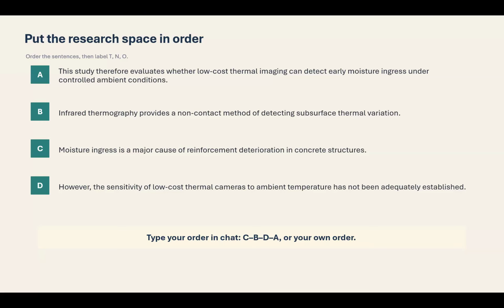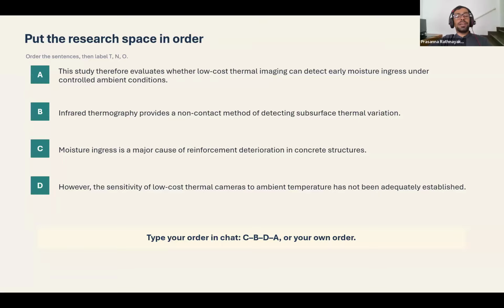So in my answer, B goes first as it actually shows the territory. And then C and D give the niche, in my opinion, and then at the end, answer A gives, like, this study therefore evaluates whether it actually occupies and gives what this research truly wants to do with the whole thing. So that's why I go with the answer B, C, D, and A.